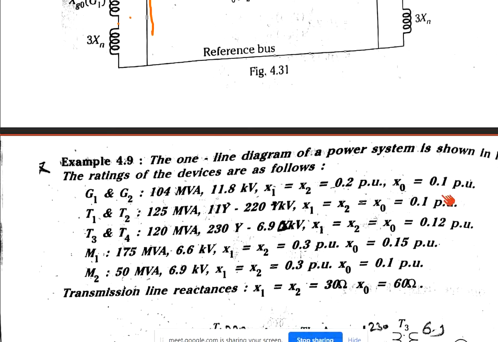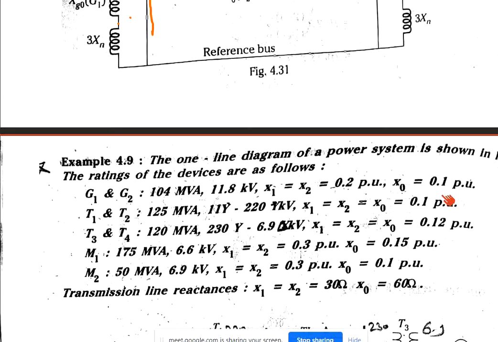Then T1 and T2 are 125 MVA transformers, with the primary side 11 kV star and 220 kV delta, and the secondary side also star. X1, X2, X0 values have been given because the positive, negative, and zero sequence impedances will be the same for a transformer.